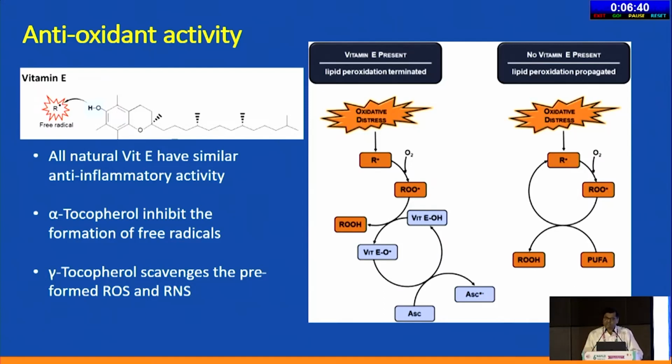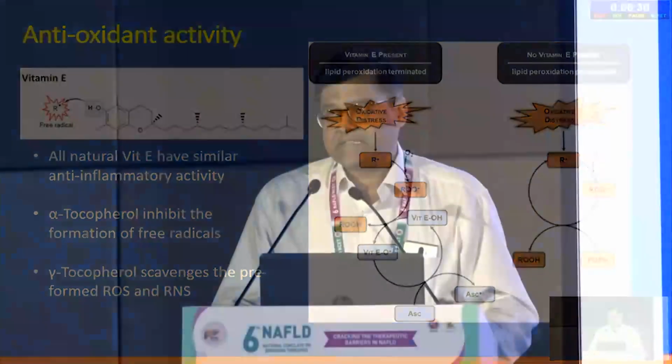Some literature suggests that tocotrienol has slightly higher antioxidant property as compared to the tocopherol group. But the major point I want to emphasize is that alpha tocopherol inhibits the formation of free radicals, but gamma tocopherol scavenges the pre-formed oxygen-related and nitrogen-related radicals, so reactive oxygen species and reactive nitrogen species.